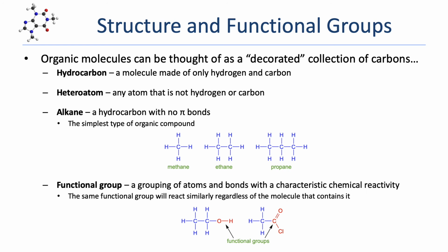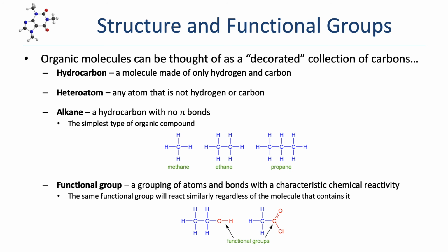barbecue grills and such. Now, when we start introducing other atoms, heteroatoms, and other types of bonds like double bonds and triple bonds, we introduce functional groups. A functional group is a collection of atoms and bonds with a characteristic chemical reactivity. So here I've got a couple of examples. I've got a two-carbon chain with an OH attached to it. That's a functional group. It's actually an alcohol.